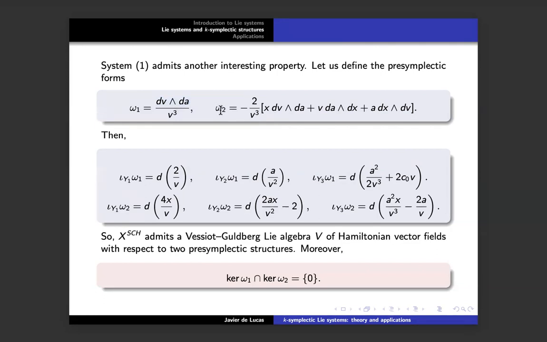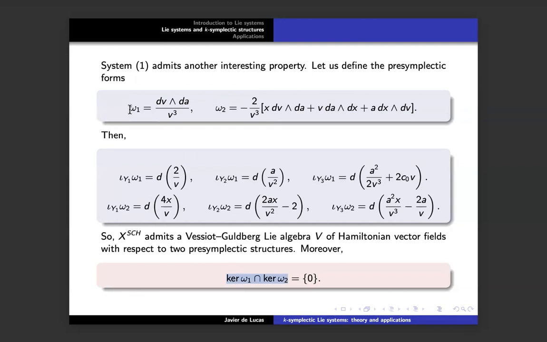The image of these forms is always even dimensional, and the kernel is the annihilator of the image. So in this case, the image will be two-dimensional, the annihilator will be one-dimensional, and this is the kernel. So this form has a one-dimensional kernel, this form has a one-dimensional kernel, but it happens that the intersection of these kernels is 0.